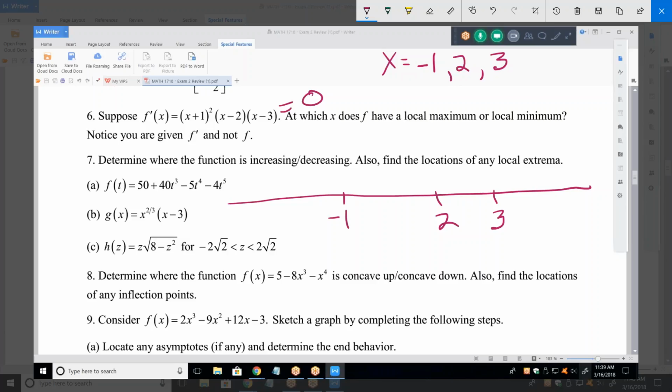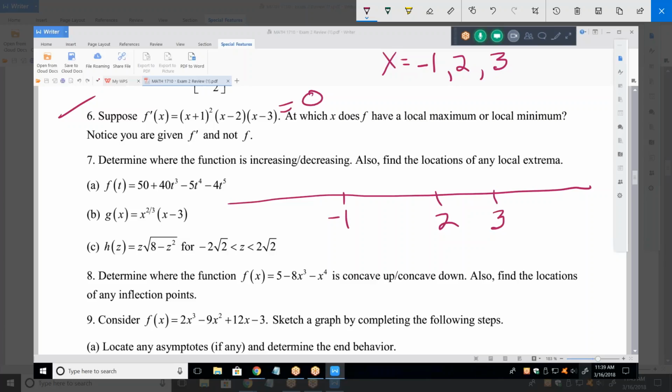We can use this on the first derivative function because this is the first derivative test. When you're doing a line chart, you're wanting to know what the slopes are to the left and to the right of these key points. Let's just pick a number to the left of -1. -2.